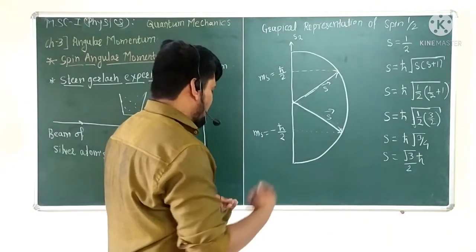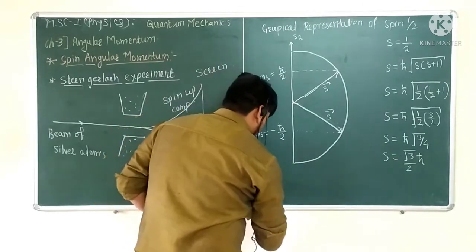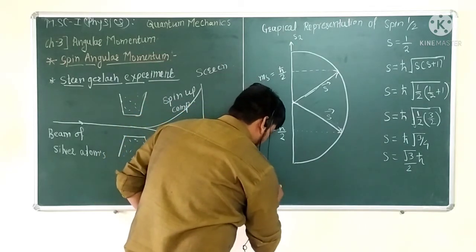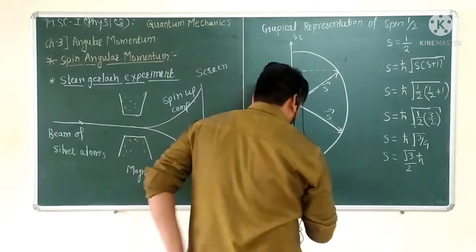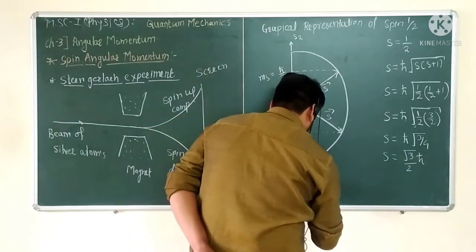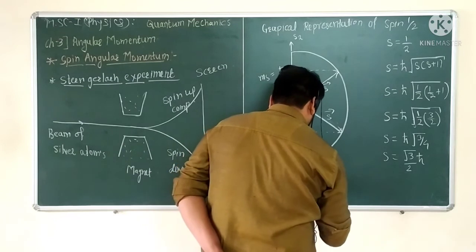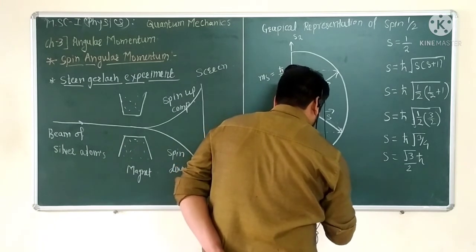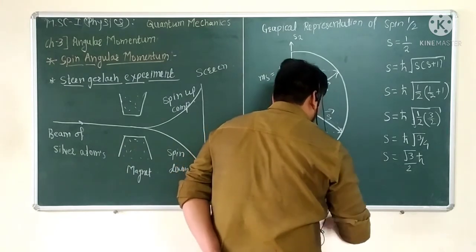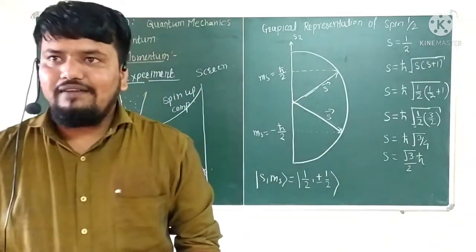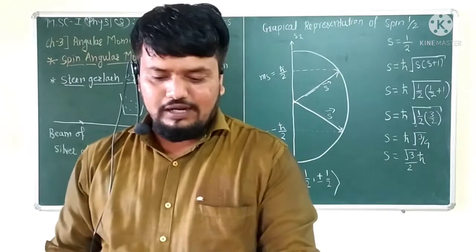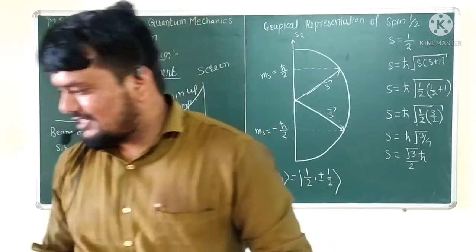So for example, the value S comma m_s, for the spin half, S is equal to half, and m_s is equal to plus or minus 1 by 2. Okay. So this is the graphical representation of the Stern-Gerlach experiment.